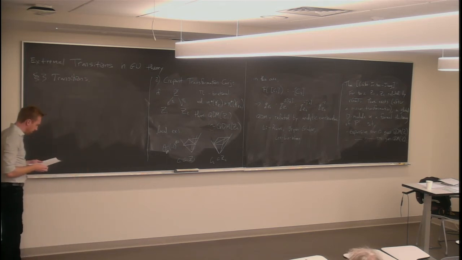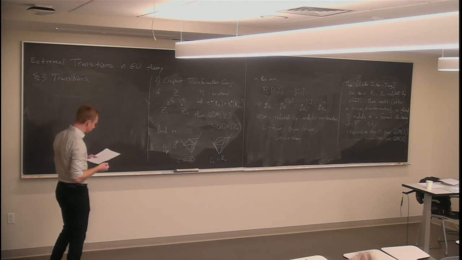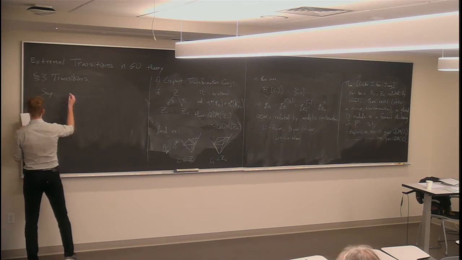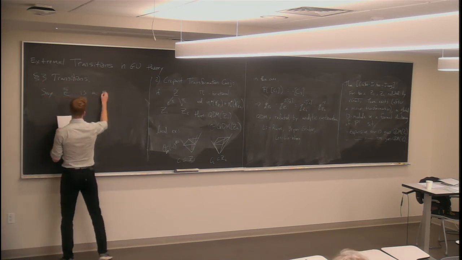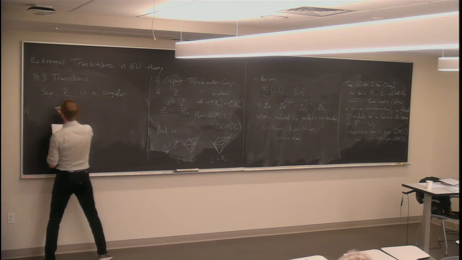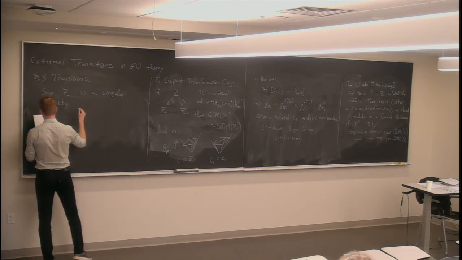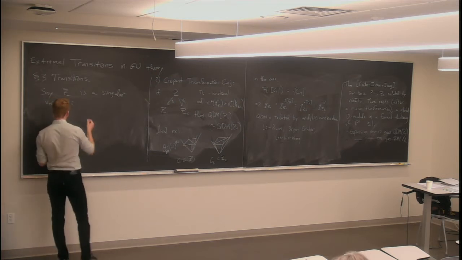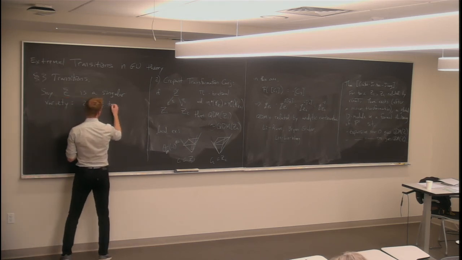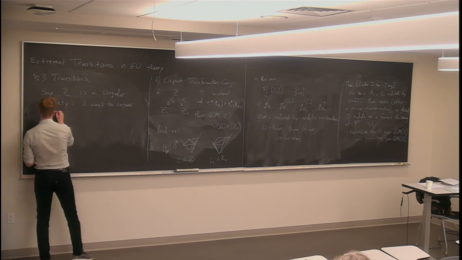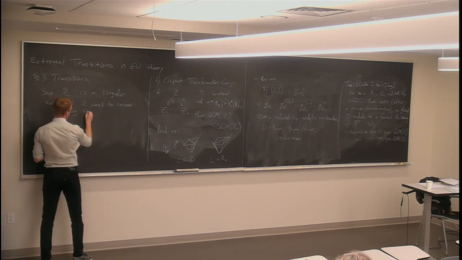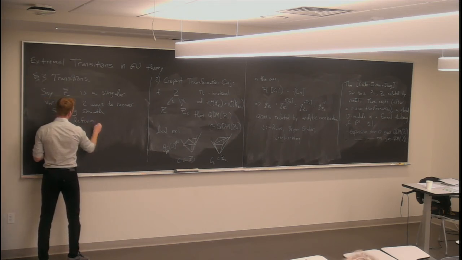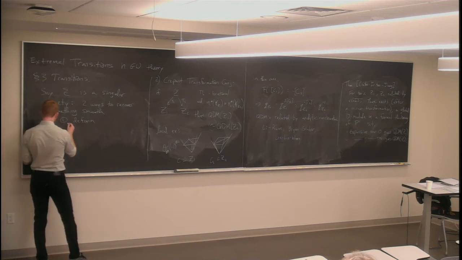Okay, so let me talk about transitions now, and the motivation for them is coming from the previous two correspondences. So let's say we start with a singular variety. Then there's two natural ways to recover something smooth from it. The first is to deform, and view this as a degeneration of a smooth variety.